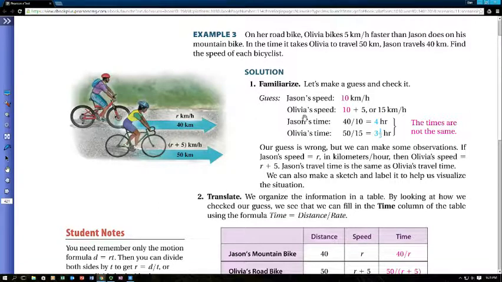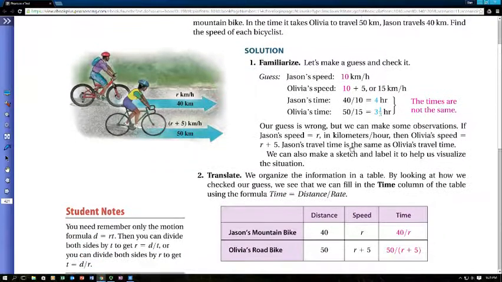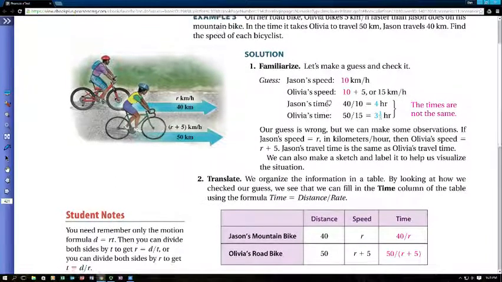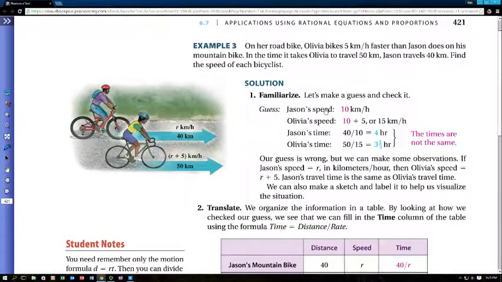Let's see what happens with the numbers, and it'll show us really how we're going to set up our expressions and equations. So they say guess: what if Jason was traveling at 10 kilometers per hour? Well, then what would be Olivia's speed? It would be 5 kilometers per hour faster, so we'd end up with 15.